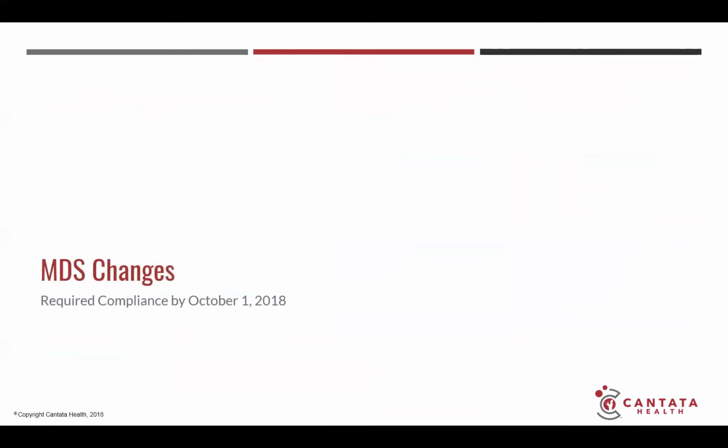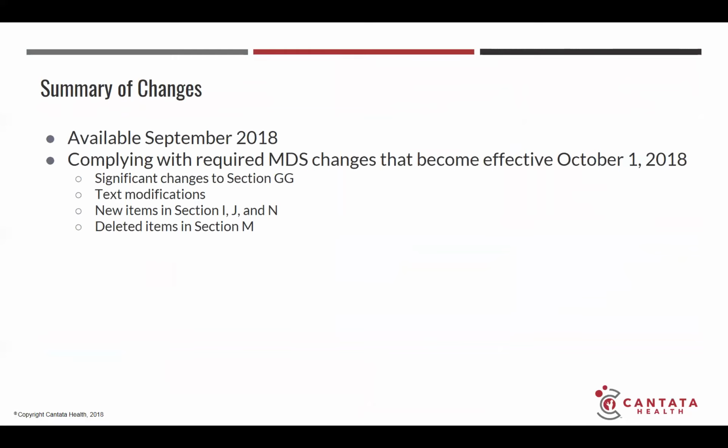MDS changes. Everybody probably knows we have some MDS changes coming out in October. I think it's going to go to beta next week. Should be available to everybody else in September. There's some significant changes made to section GG, some new items in GG as well as I, J and N, and some just other various changes.